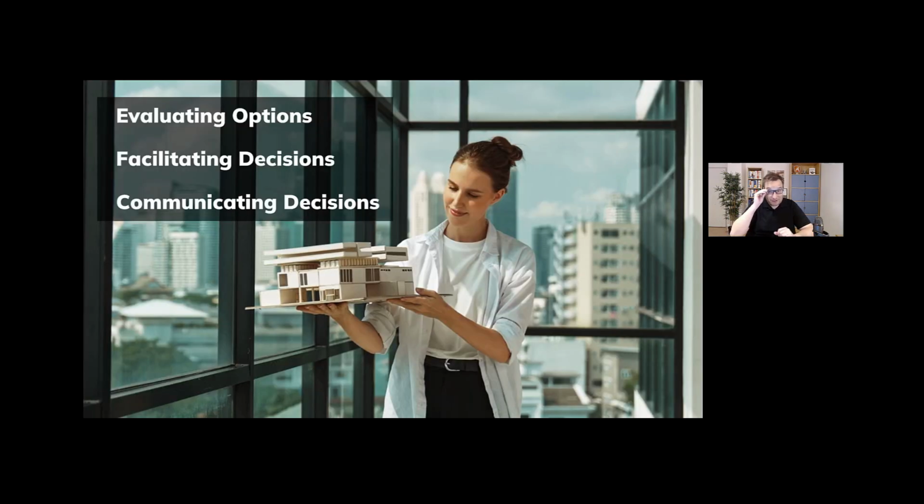Another thing we need to respect is we need to do a bit more architectural work. We need to evaluate different options, we need to facilitate decisions, we need to communicate those decisions so that the stream-aligned teams working on the micro frontends know why they need to do it this or that way. Because otherwise it's depressing if they are just told, do this, do that, without knowing why.